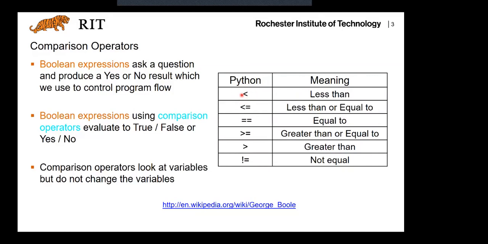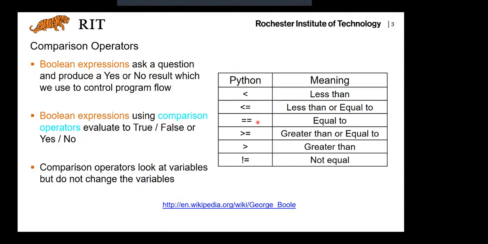If the answer is no, it will return false. And if you use the if statement, it will check whether this Boolean expression gives you true or false. If true, the code under this if statement will be executed. Otherwise, it won't execute that piece of code. All right, any questions regarding this?